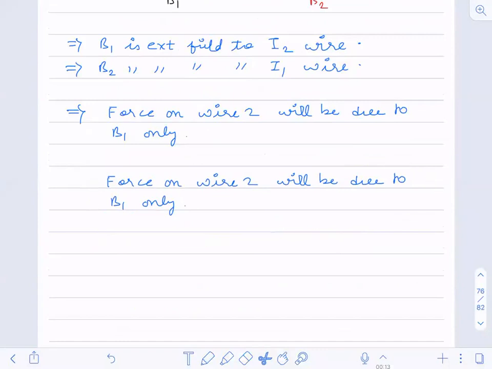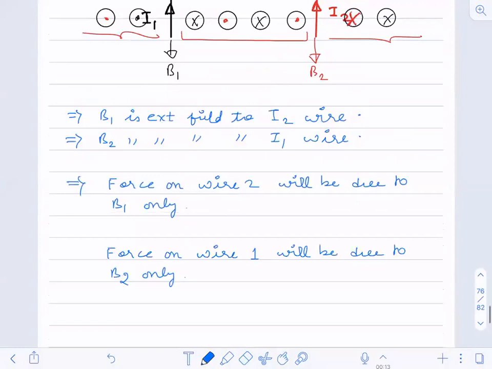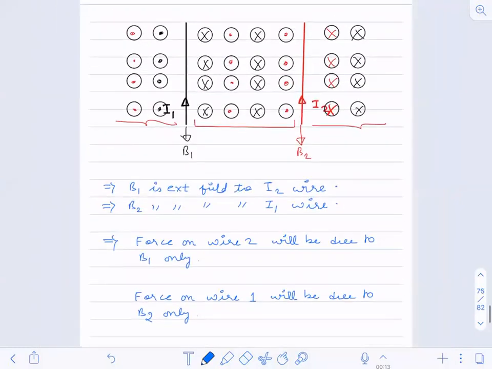B1 only. Similarly, the force on wire 1 will be due to the field B2 only. Is it okay? Because only an external field is able to apply the force.